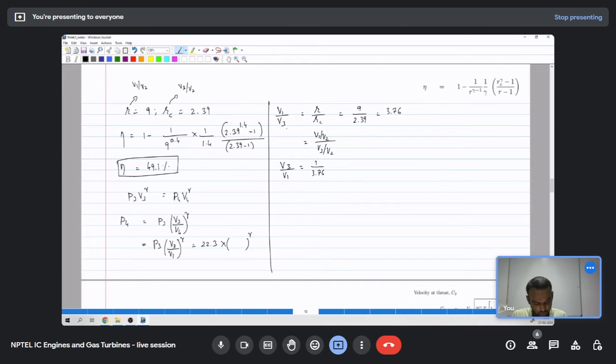I would have 1 by 3.76 power gamma, where gamma is 1.4. So this is 3.49 bar.